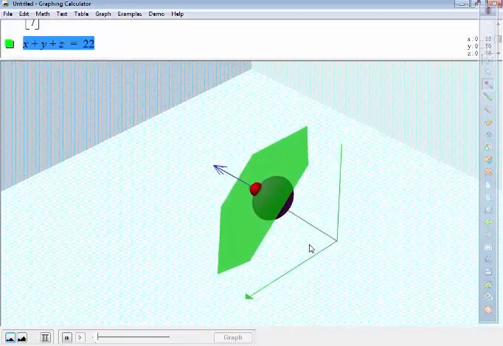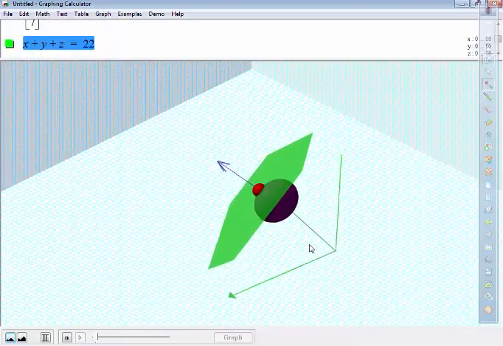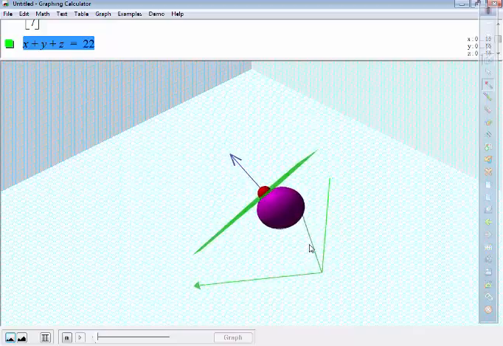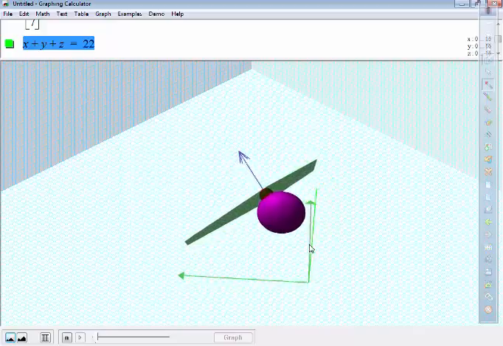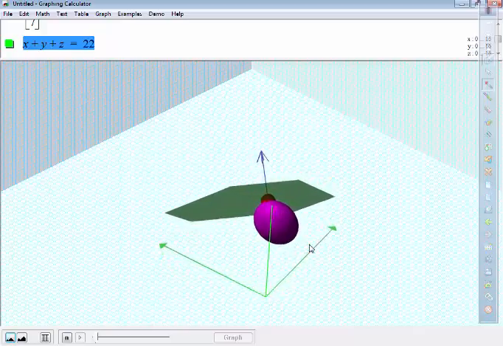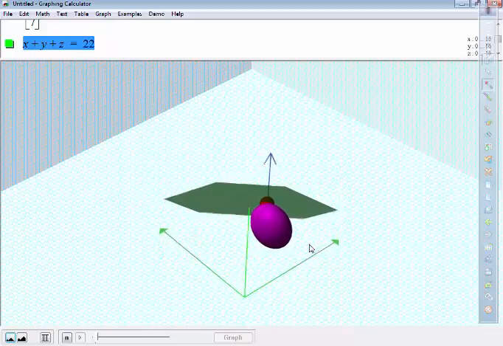And we can see that this is now tangent to the surface at that point, and it's got a normal vector, and everything looks nice and neat. Okay?